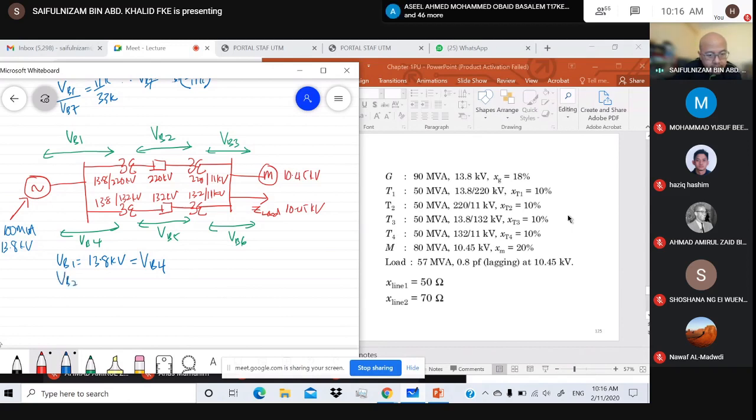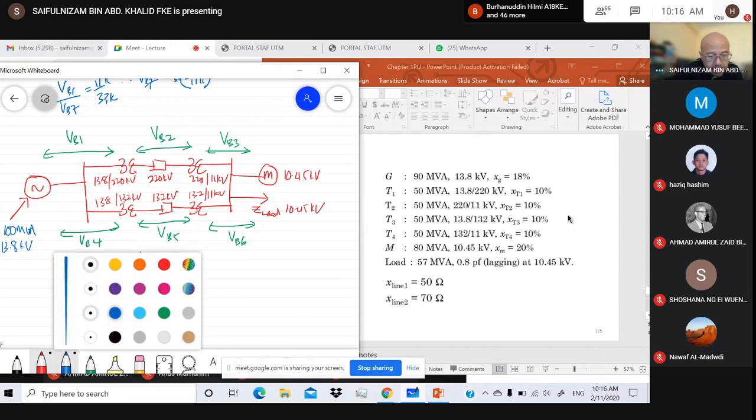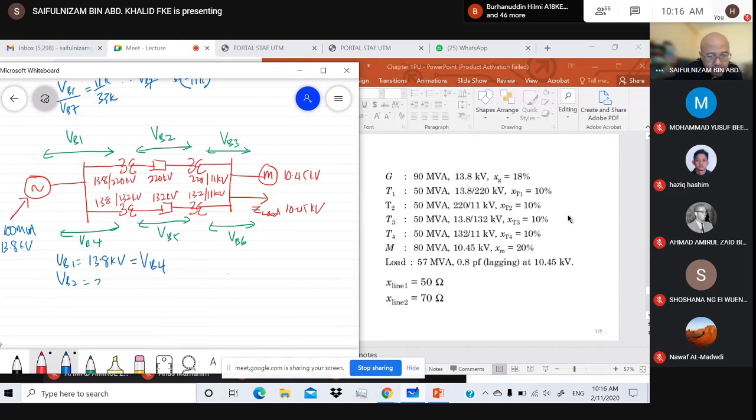So what is VB2? The new base voltage at zone 2 is 220. I hope everyone understands how to find the new base voltage. Based on the ratio, VB1 over VB2 equal to 13.8 over 220, so you get VB2 equal to 220 kV.